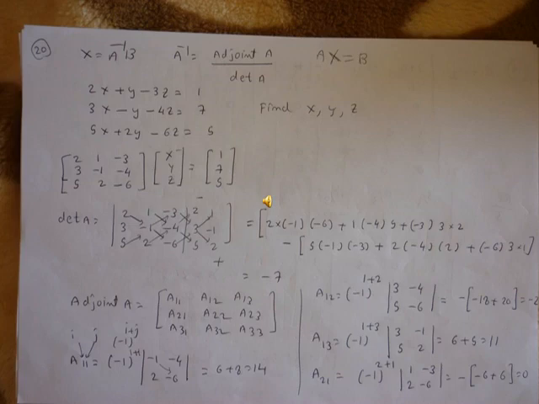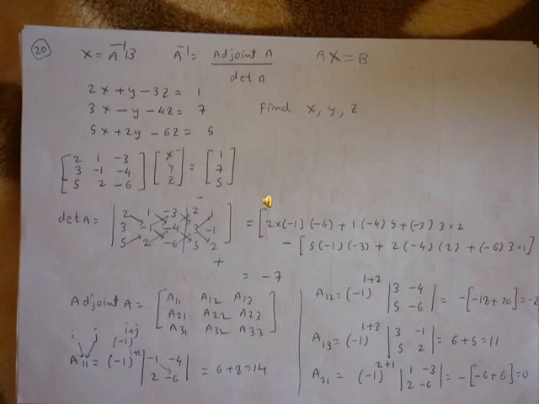Then negative, and then 5 times minus 1 times minus 3, plus 2 times minus 4 times 2, plus minus 6 times 3 times 1. So finally, determinant A is minus 7.